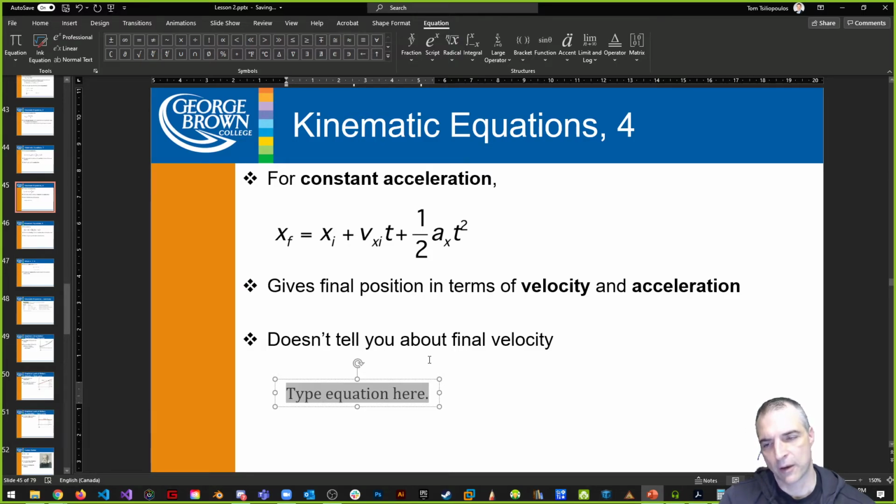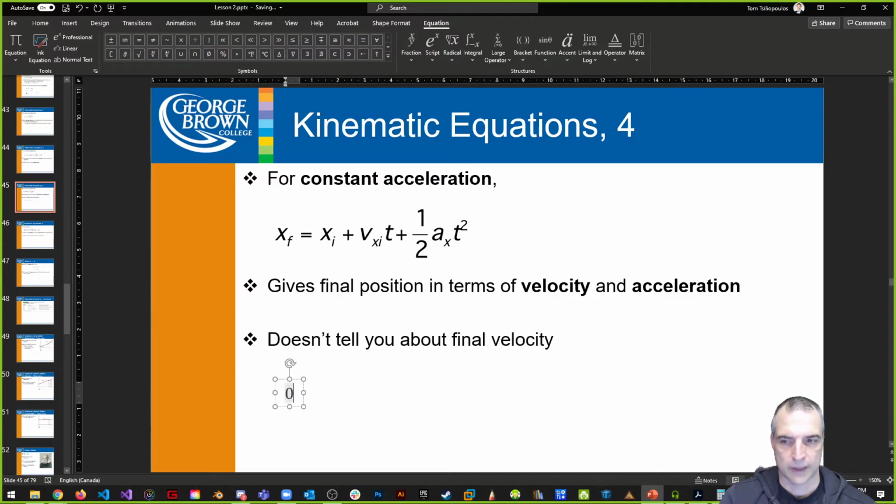So I'm going to say that, okay, we know that the final position is, and again, there's different ways to see this, 0. That's the final position. If the final position is 0, then the initial position must be some positive amount, for example, 50, if that's the way we're taking it.